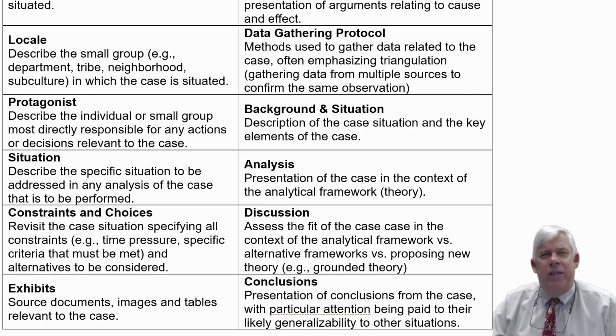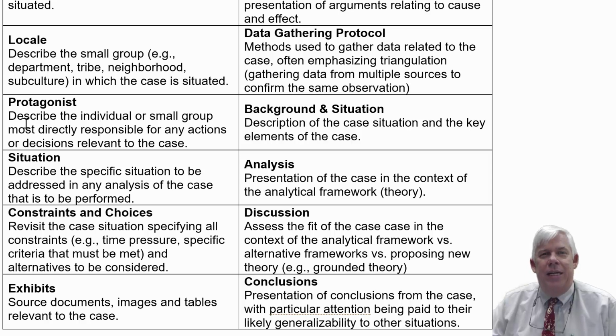And for research cases, much of the methodology is going to involve how we are gathering and analyzing data. So I've called that the data gathering protocol, because that's what we're going to be really interested in when we're evaluating a research case, because the thing we're really concerned about is, was this done in a systematic and objective way? So, of course, we're going to emphasize triangulation, because triangulation is absolutely critical in research cases.